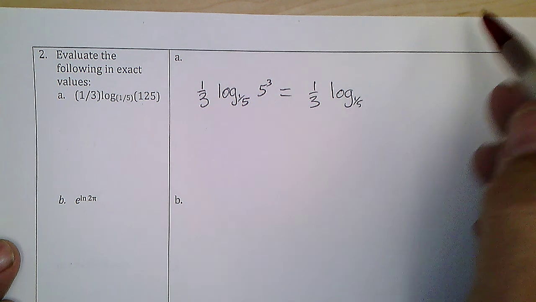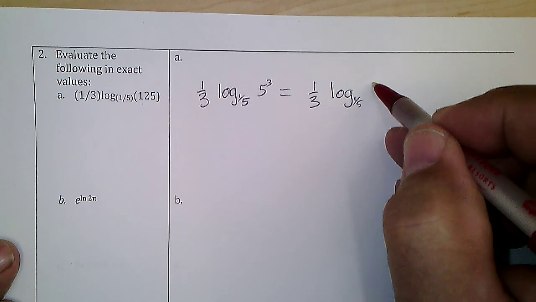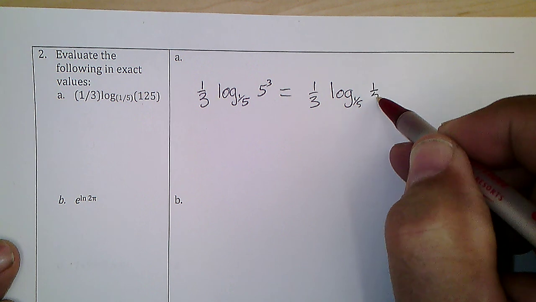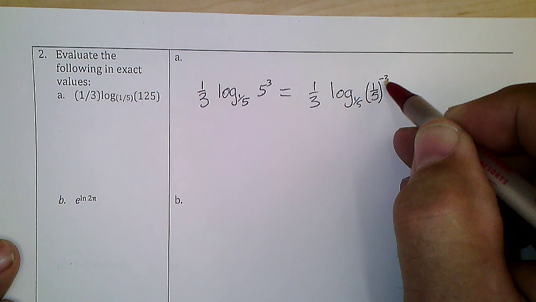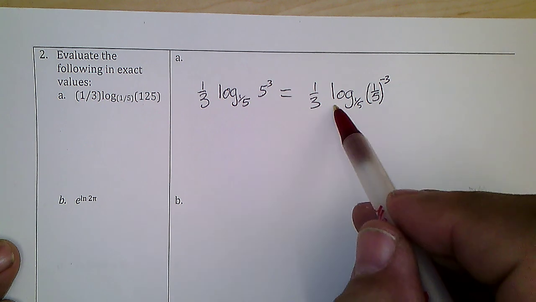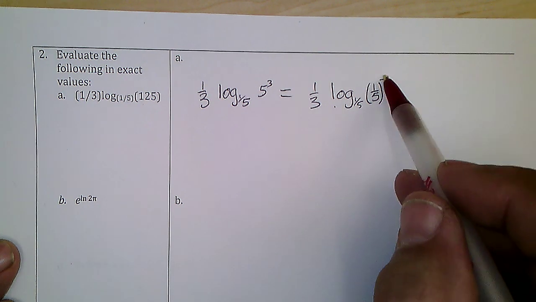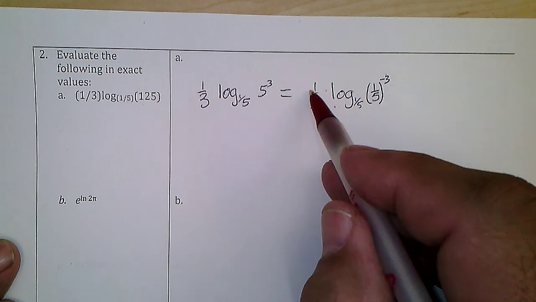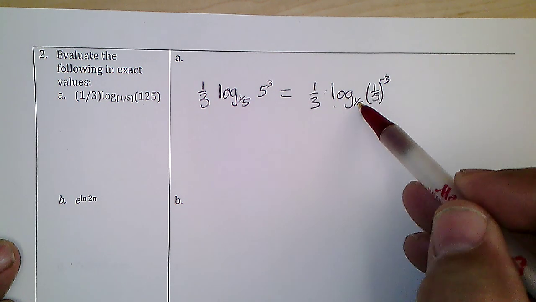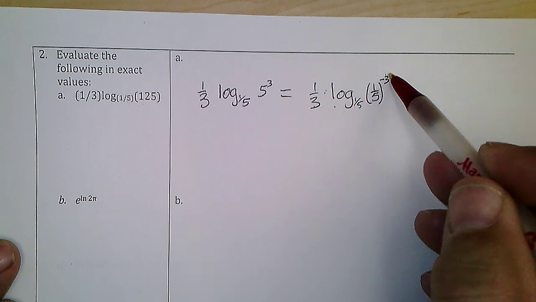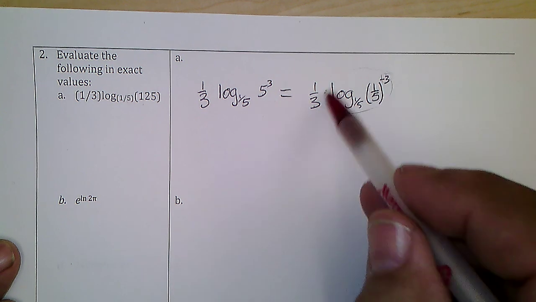To change a 5 to a 1/5, we put a negative on it. So that's 1/5 to the -3. So the -3 comes down, and so we have 1/3 times -3. And to what power did it take 1/5 to get 1/5? It's -3. So all of this is -3.